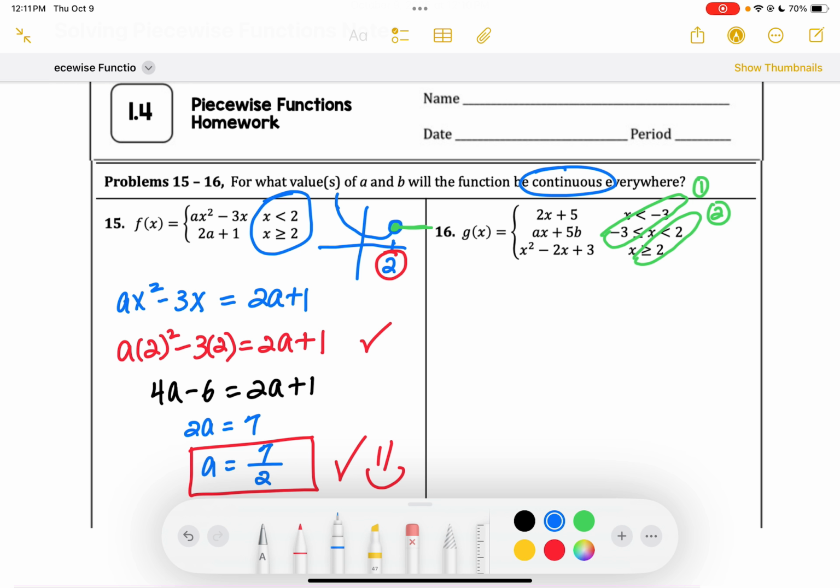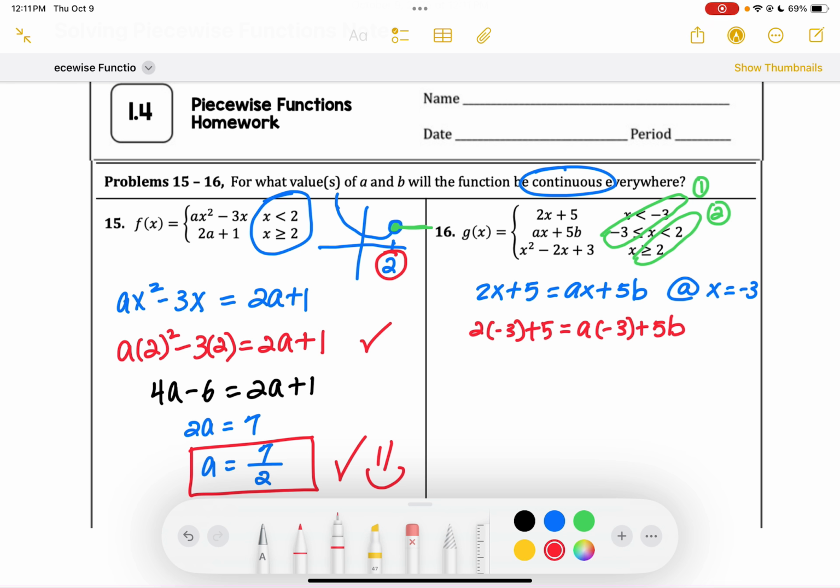So if I look at my 2x plus 5, anything less than -3, that shall equal the next part, which is ax plus 5b. It's at the trouble spot when x equals -3. We plug it in. So I shall have 2 times -3 plus 5 equal to a times -3 plus 5 times b.